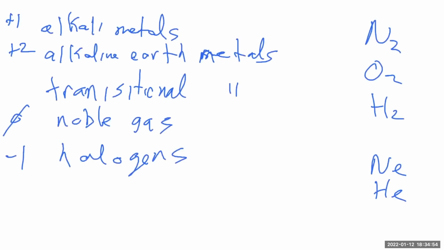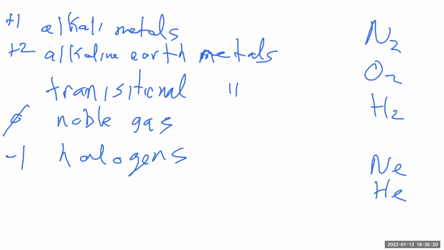So your first column is going to be +1. Second column is going to be +2. Then you have your transitional metals, that big section in the middle. Those are going to vary, those would be either +1, +2, or +3. Those are transition because they're going to vary. Then that next section, that 3A group, where it starts with boron, number 5, and aluminum at 13, that is going to be +3.